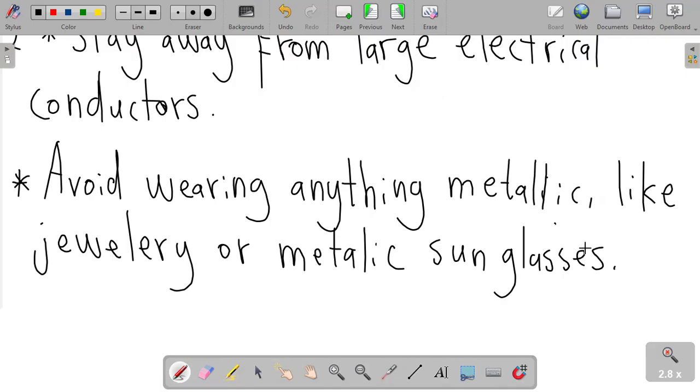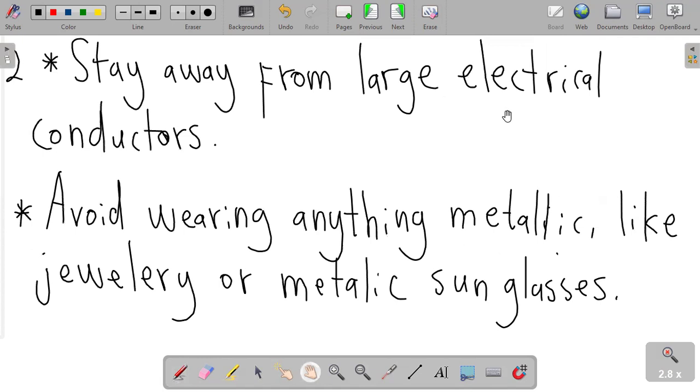So you want to stay away from such things as electricity power grids and large electrical conductors, because usually that's where earthing takes place. These large metallic structures are used in many cases for earthing, such that the charge is transferred from the clouds into the ground.